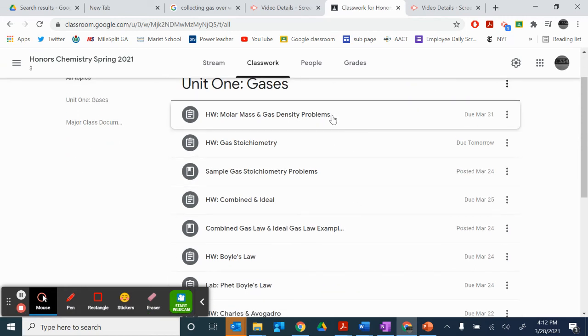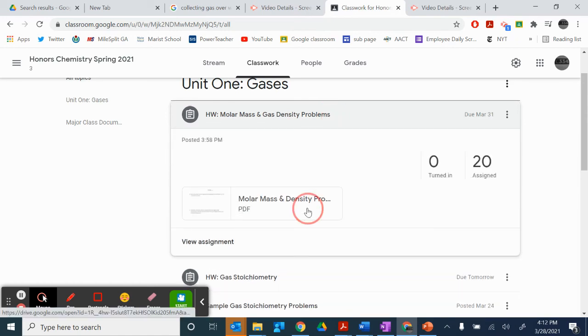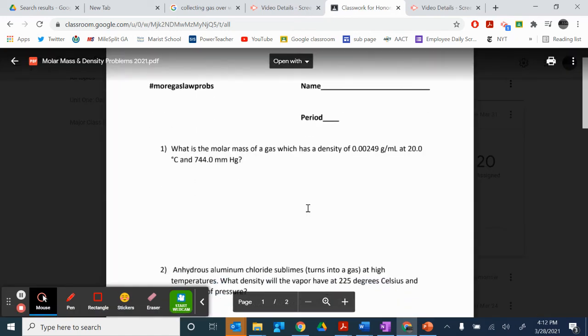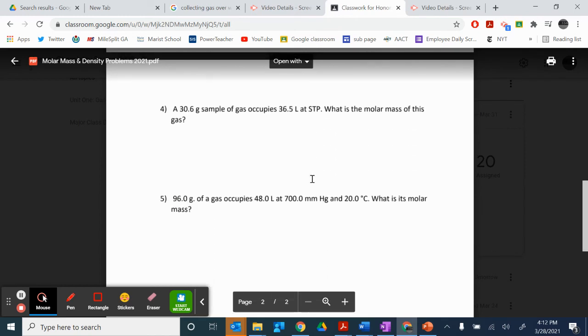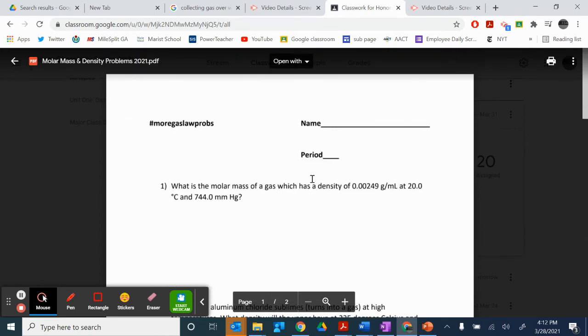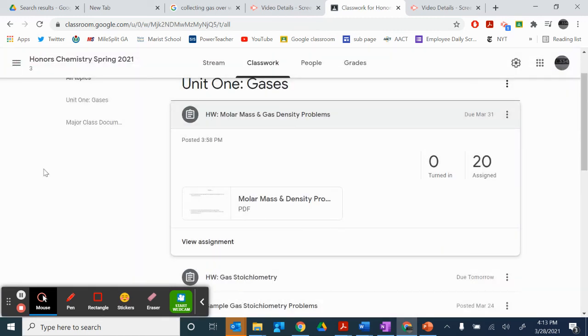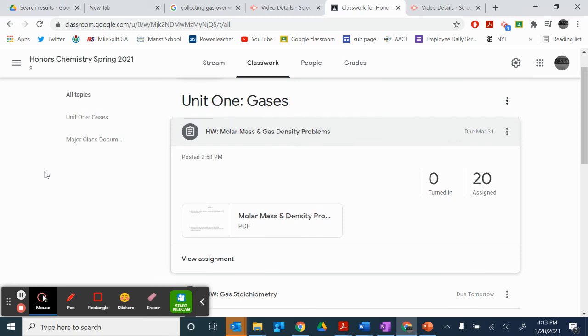Homework is molar mass and gas density problems. If you open it up, you're going to see that there are 5 different problems. I don't think they'll take you that long, but I'm giving you until Wednesday to do them. If you have any questions, you can come visit me in tutorial either today or on Tuesday.